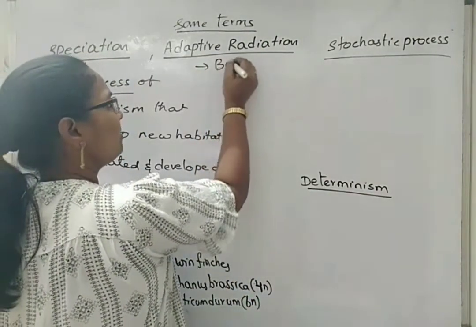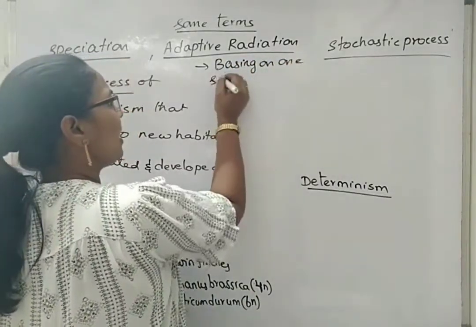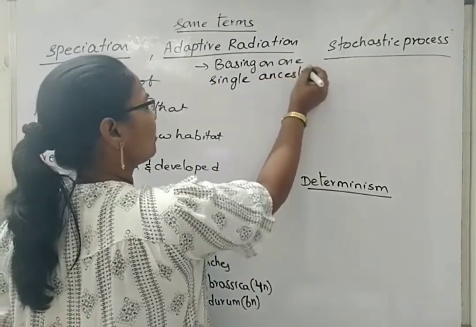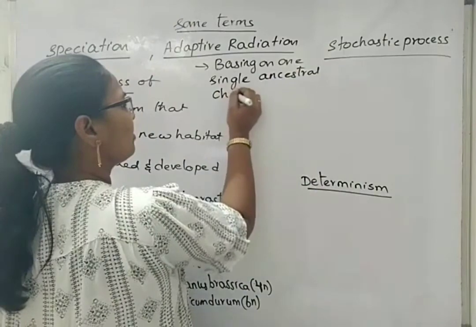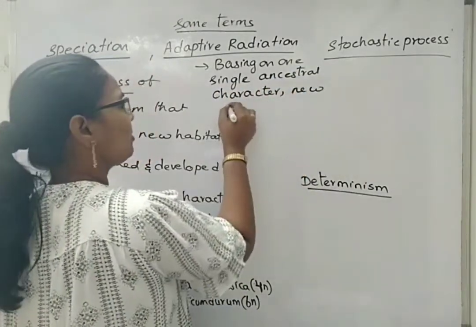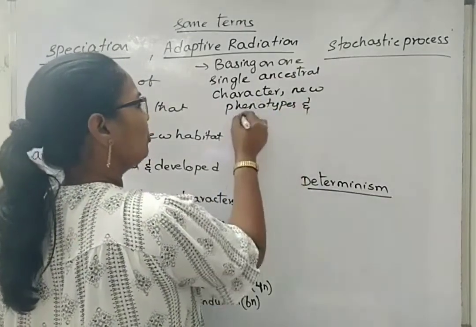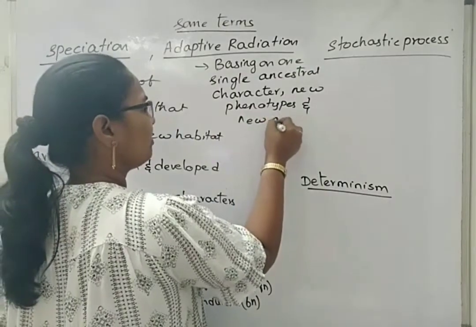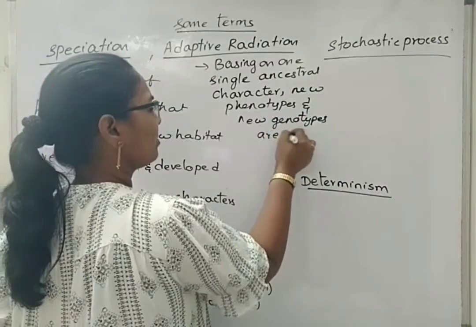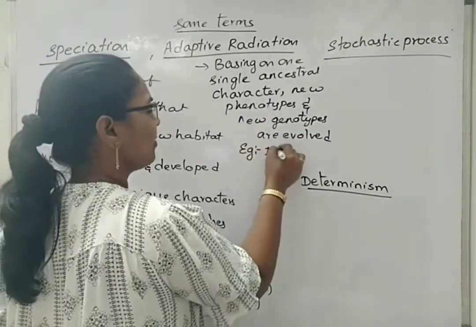So basing on one single ancestral character, new phenotypes and new genotypes have been evolved. Here also we can take the example of Darwin finches.